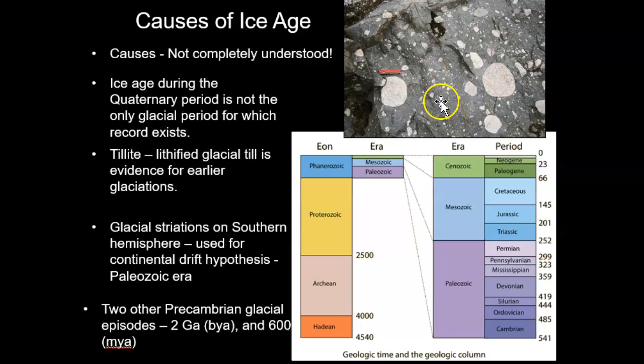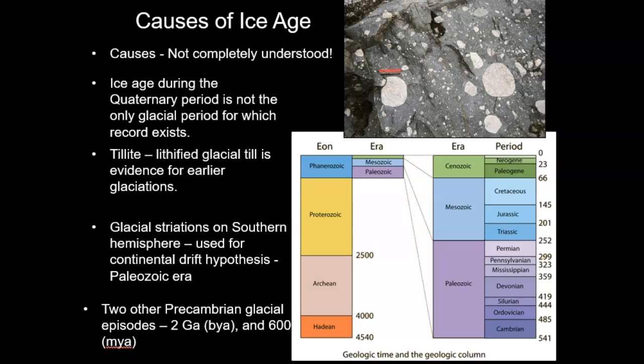A picture of tillite is shown here. Tillite deposits have been found to be as old as the Paleozoic, which are the deposits that Alfred Wegener used to support his hypothesis for continental drift. The Paleozoic lies about 250 million years ago or so.